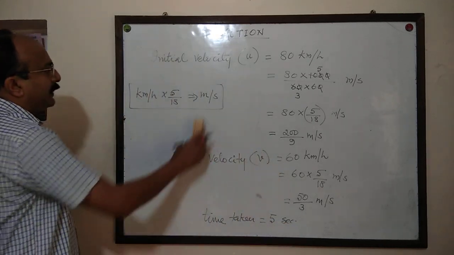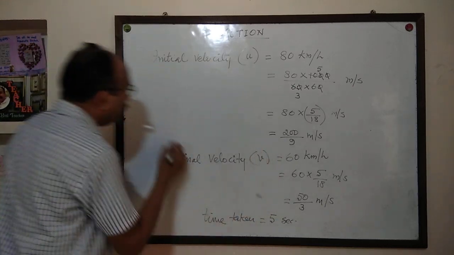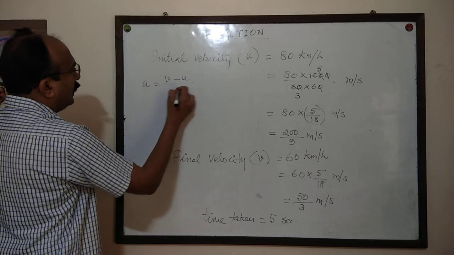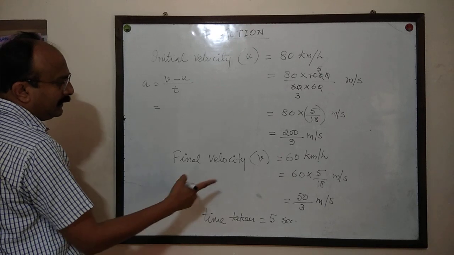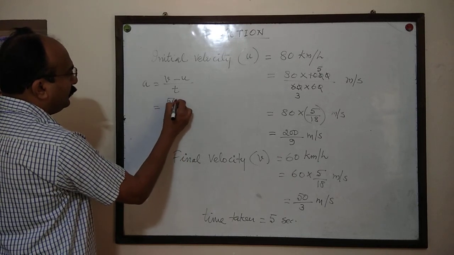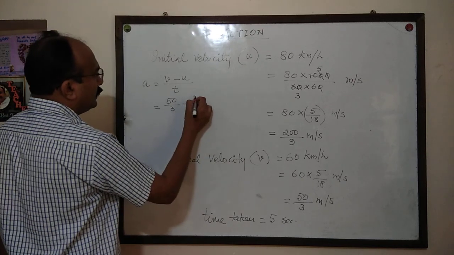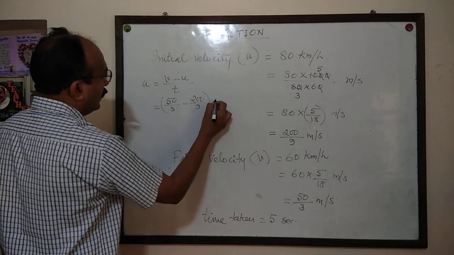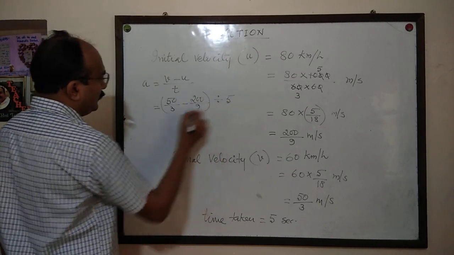Now what is the formula for acceleration? Acceleration a is equal to v minus u upon t is equal to, here v is 50 upon 3 minus u is 200 upon 9 upon t means divided by 5.